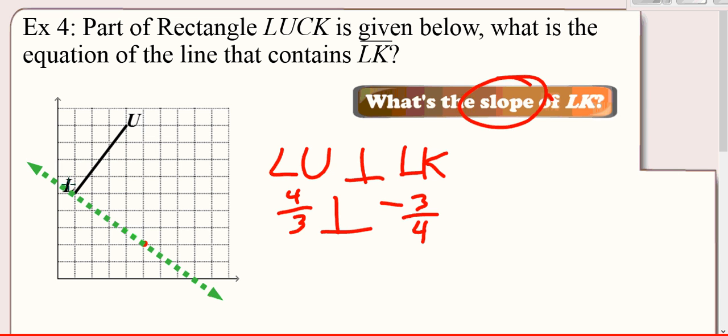Because it has to pass through L and it has to have the negative 3/4 slope. If it's going to pass through L, it has to contain L. That means we have to use this point. So there's our X and Y axis, which means L, the coordinates there are 1, 5.